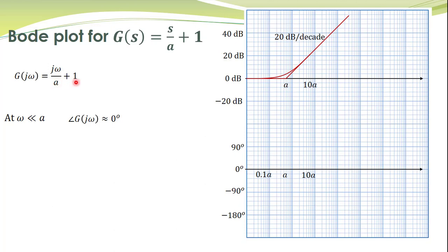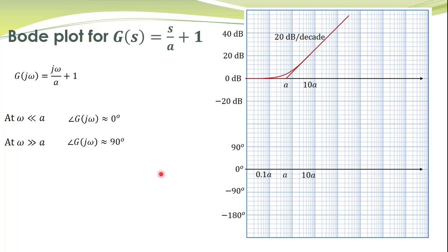You have only one, which is a positive real number, and the phase angle of a positive real number is equal to 0. So at lower frequencies, the phase angle is equal to 0. At higher frequencies, this term is much larger than this term, so you can just ignore this term and you have a purely imaginary number, and the phase angle of a purely imaginary number is 90 degrees, plus 90 degrees.